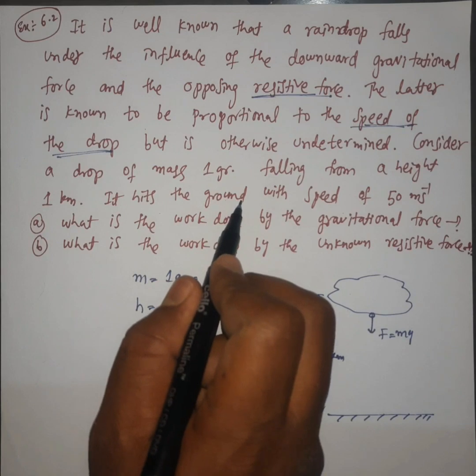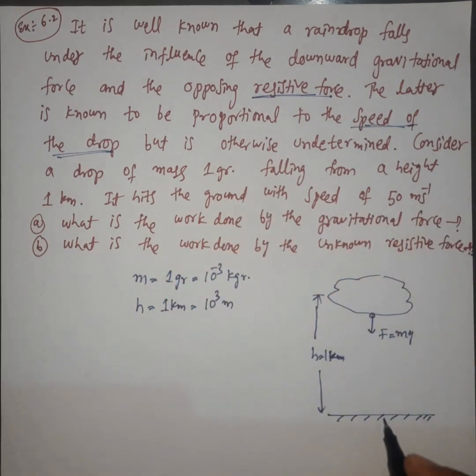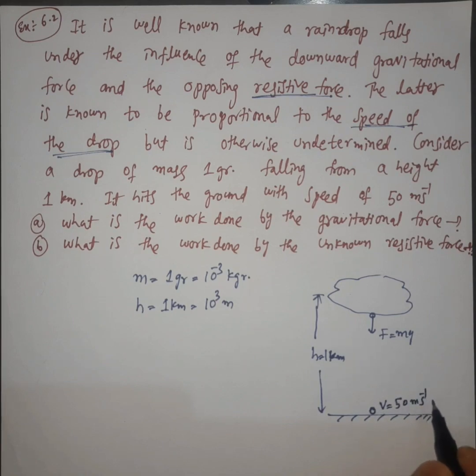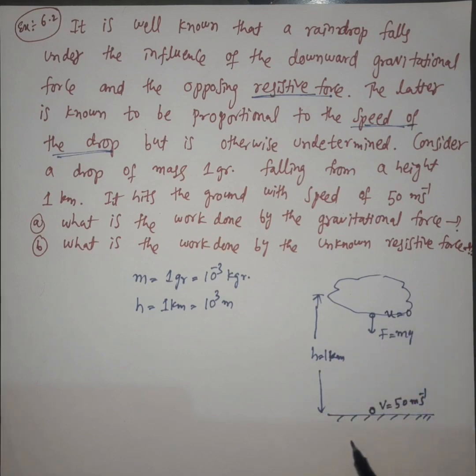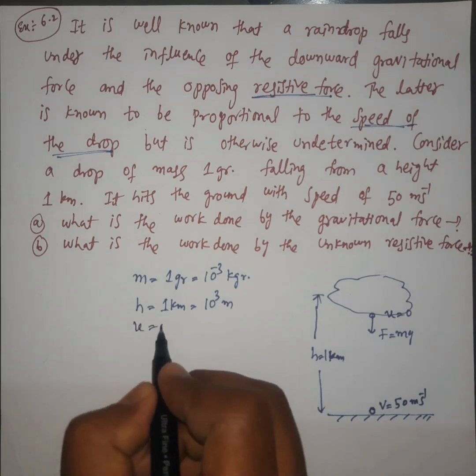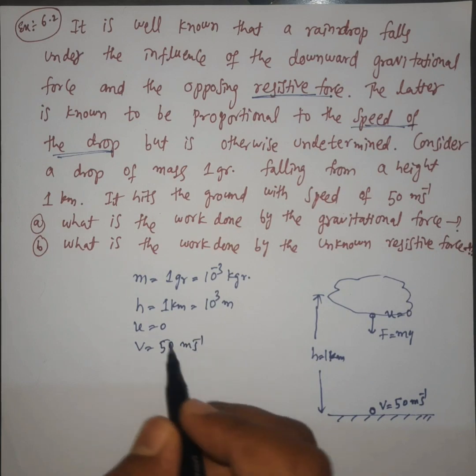It hits the ground with a speed of 50 meter per second. So when the raindrop hits the ground, at that time the speed of the drop is v is equal to 50 meter per second. So let us take initial velocity u is equal to 0, final velocity v is equal to 50 meter per second.